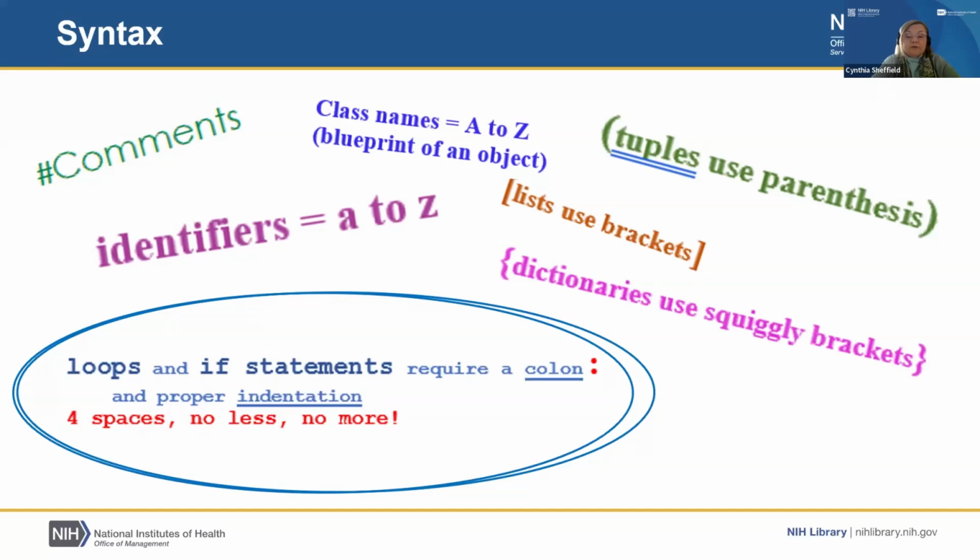For instance, if you think about building a house and you need blueprints to define the function and the source materials you need to build that house, that's a class. And then class names need to be in uppercase in Python, while other identifiers can be in lowercase. So again, these are all syntax rules you'll need to learn eventually.